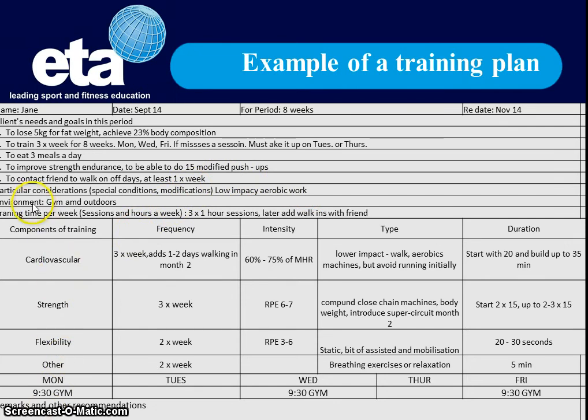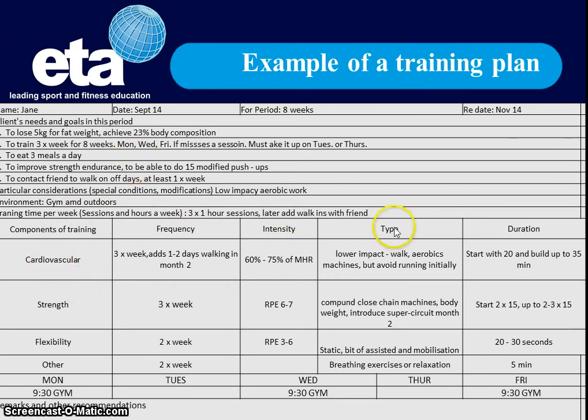And obviously, we're looking at the environment in which your client will be training. Would it be in the gym? Would it be outdoors? Would it be in the pool, etc.? As that will determine the exercise program on a specific day. So we've agreed that your client will be training 3 times in 1 hour sessions, and then walk with a friend on the alternative day.